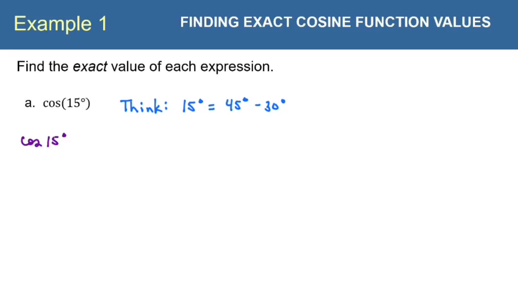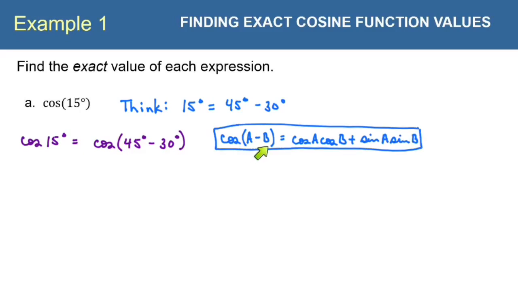And if we do that, then the cosine of 15 degrees can be restated as the cosine of 45 degrees minus 30 degrees. And now that we see it written in this form, we know that we can use our cosine of A minus B formula. And that looks like this.